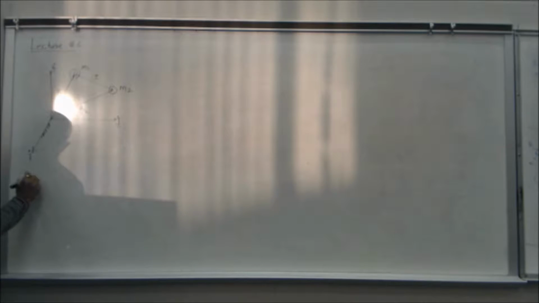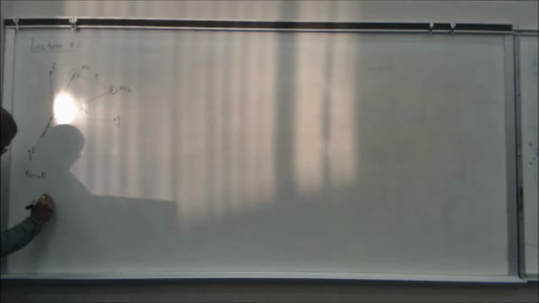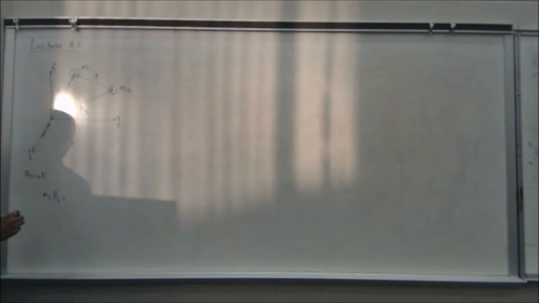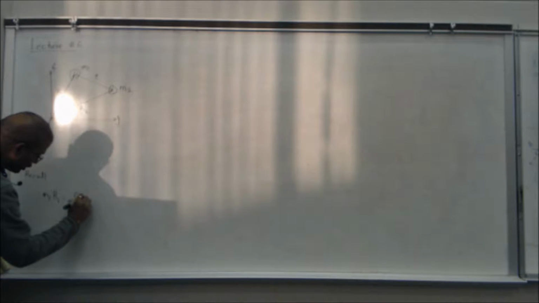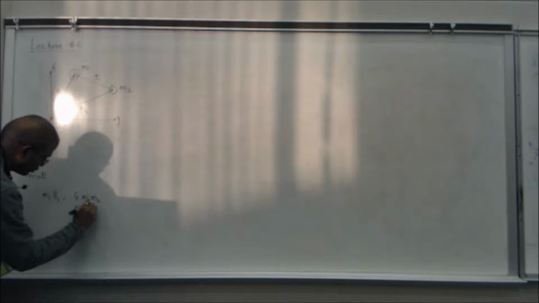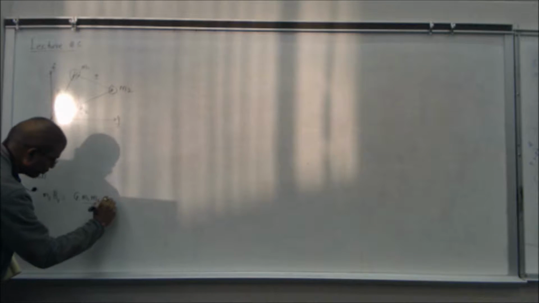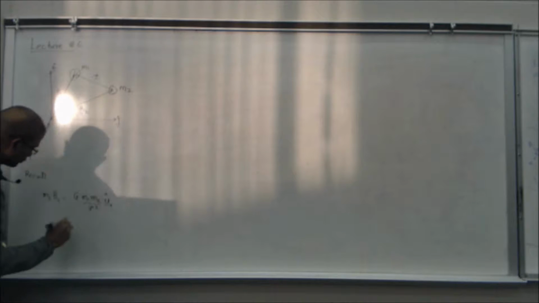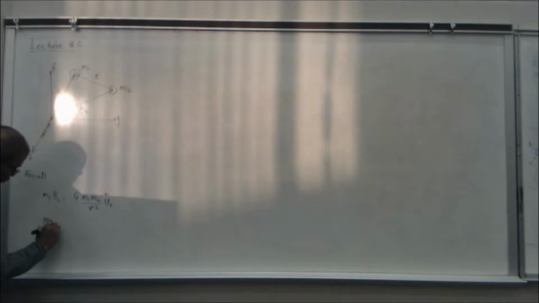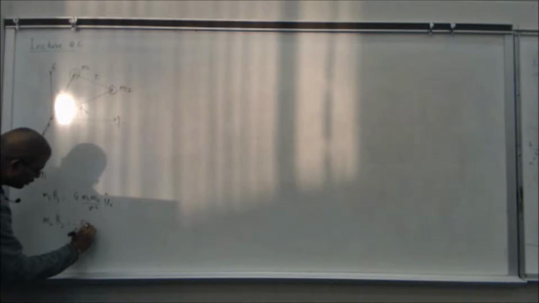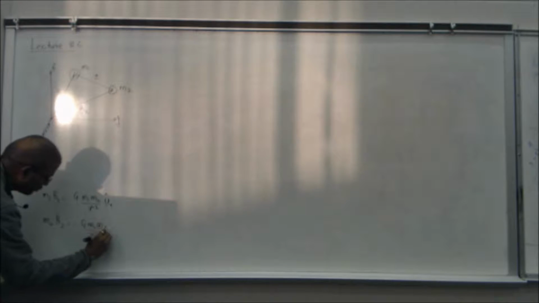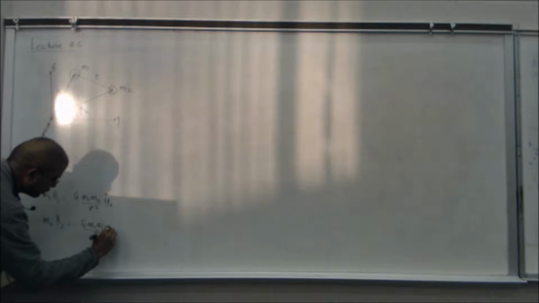Recall we had M1 R1 double dot is equal to G M1 M2 over R square U, correct? And M2 R2 double dot is equal to minus G M1 M2 over R square.